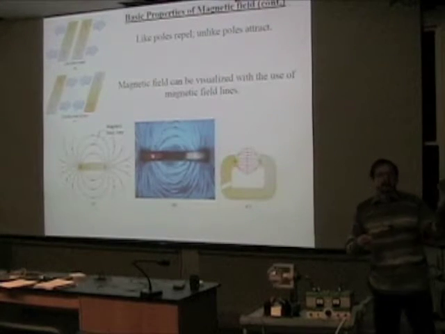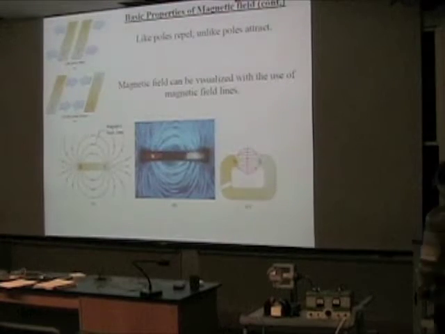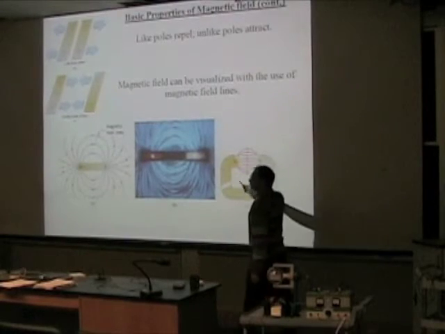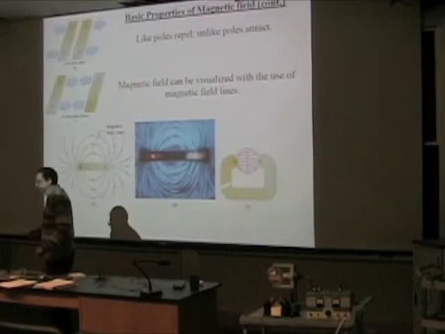Here I have tiny iron filings in oil and a magnet. And if I insert a magnet inside, I can actually see magnetic field lines. Please take a look and pass it around. That's how they look. This is basically a photograph of what's happening inside that thing.